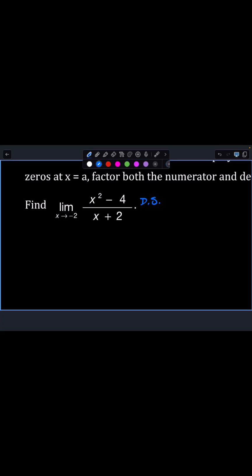What that means is we take the limit as x is approaching -2, and we're substituting -2 for all the x values. So we get -2 squared minus 4 divided by -2 plus 2. That gets 0 divided by 0. That's your indeterminate form. That's when we use factor and cancel, common denominators, or rationalization. Okay?